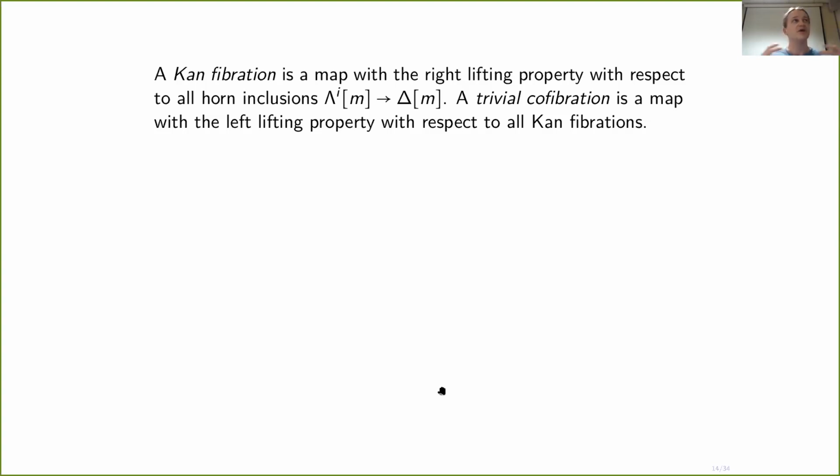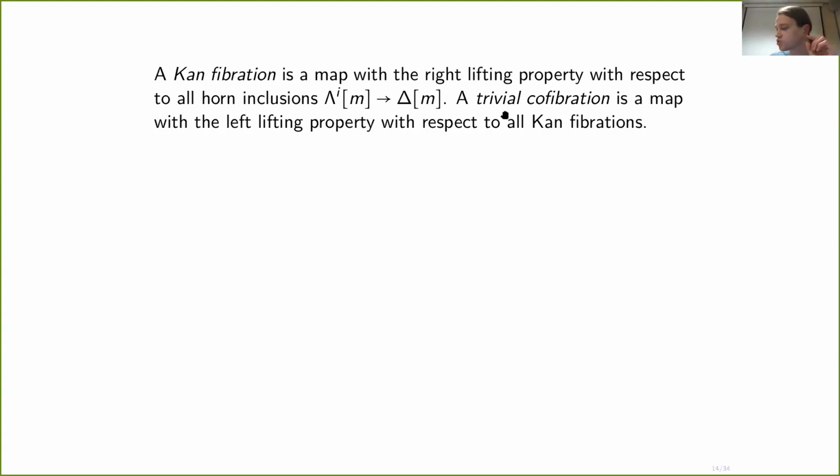And maybe a good way of thinking about this is really these Kan fibrations are structured. In some sense, what we are thinking of is really a map together with a choice of a bunch of these sections of the maps from the previous slide, which witness that this map actually has this lifting property. And similarly, this works for these trivial cofibrations.